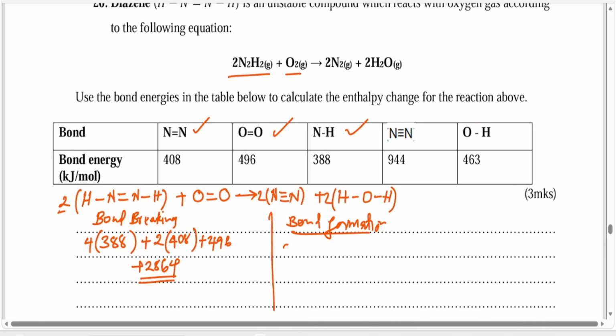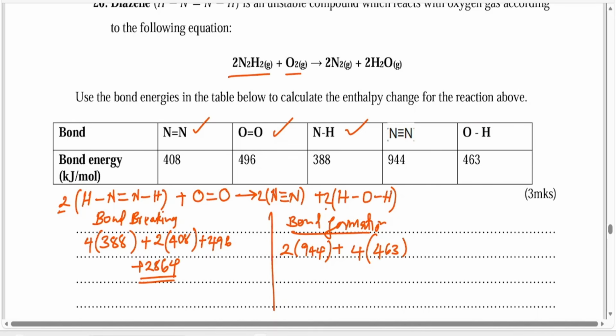So we shall have 2 into 944 plus, we have 2 OH bonds for water. So we multiply by 4, because we already have the 2 that balances the water, and then the 2 for the hydrogen-oxygen bonds, and we use the 463 for OH bonds.